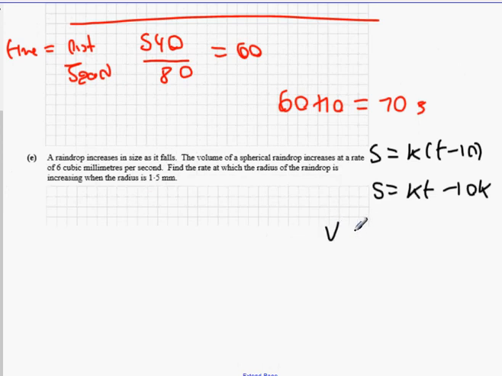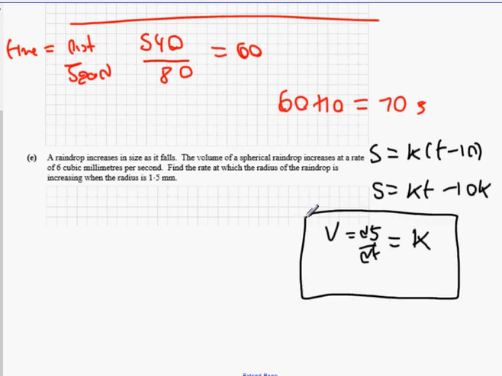Velocity is ds/dt. ds/dt for this equation Simon's in reference to is going to be k, just k. It's a constant. We had to find out what the constant was. See, that describes the distance, not the velocity. So all we're finding out is that your velocity is always the same. So that's why we use the end of the acceleration phase as the k value. So k is 9. Okay?